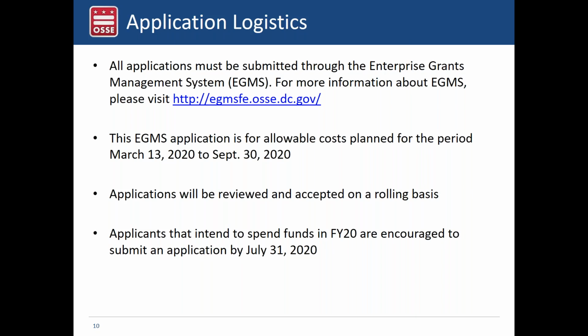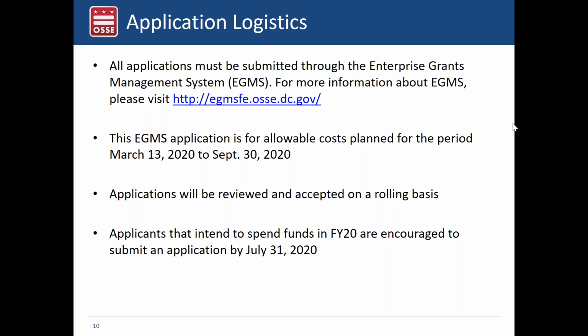As discussed, this EGMS application is for the allowable cost plan for fiscal year 2020, so March 13th through September 30th, 2020. Applications will be reviewed and accepted on a rolling basis as they come in, and the deadline to apply is 3 p.m. on September 30th. But if you intend to spend funds in FY20, we really encourage you to apply much earlier than September 30th, maybe by July 31st or so.